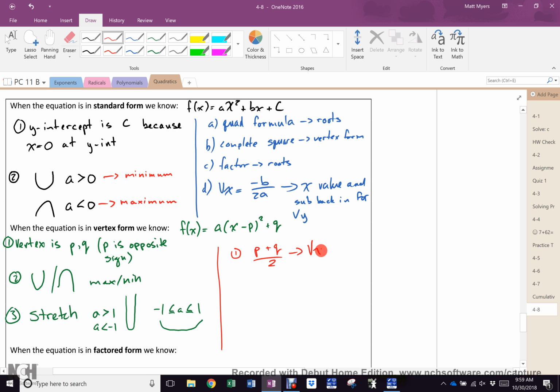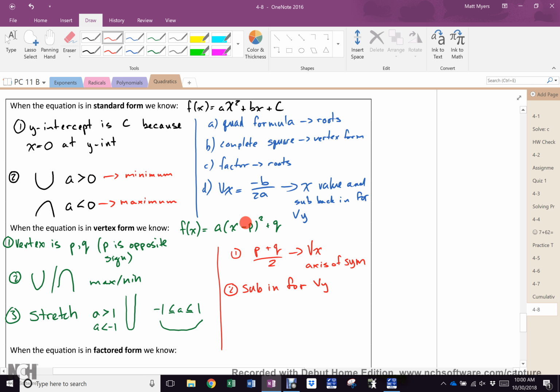It gives me the vertex x, and it gives me the axis of symmetry. Right? What else can I do from that? You can take this value and put it in the equation to find the y. Right. That I can sub in for Vy. And there's one other thing I can do.